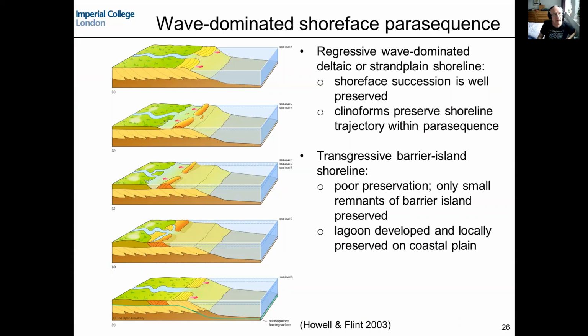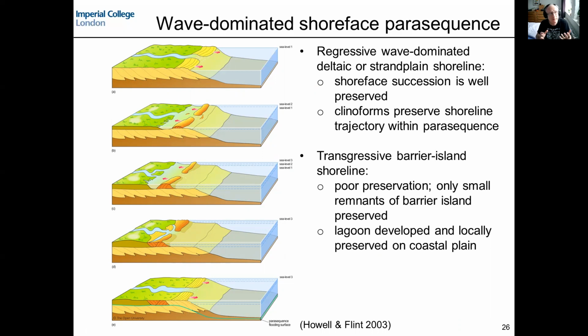Okay, so the idea here, if I try and summarize the model we've talked through, we have a shore face building out. In this case, it's building out from left to right. That shore face is sitting in front of a strand plane, if this is a regressive coastline. We can imagine if sea level starts to rise, that we can't supply enough sediment to keep up with that rise in sea level, that increase in accommodation.